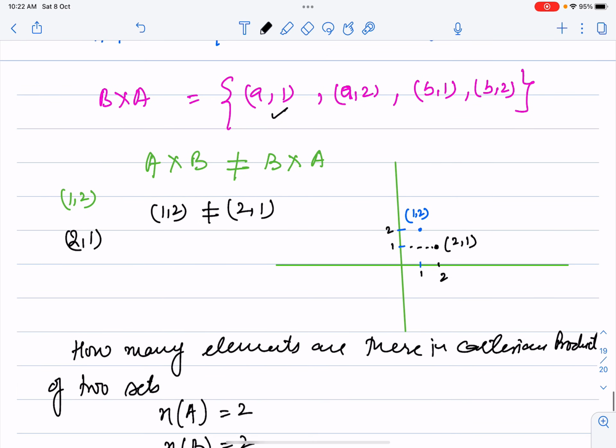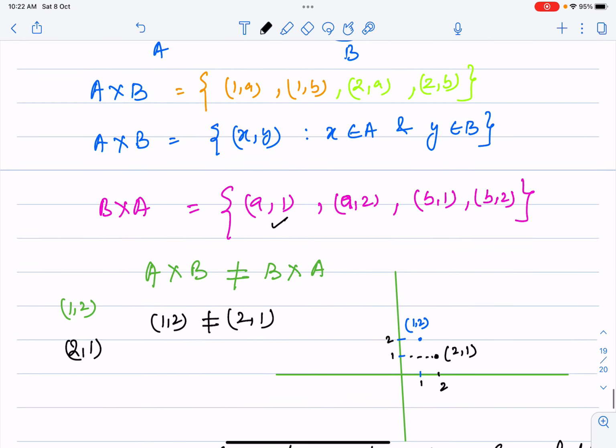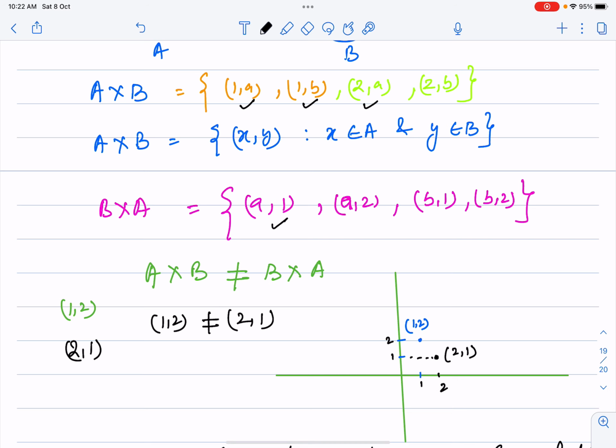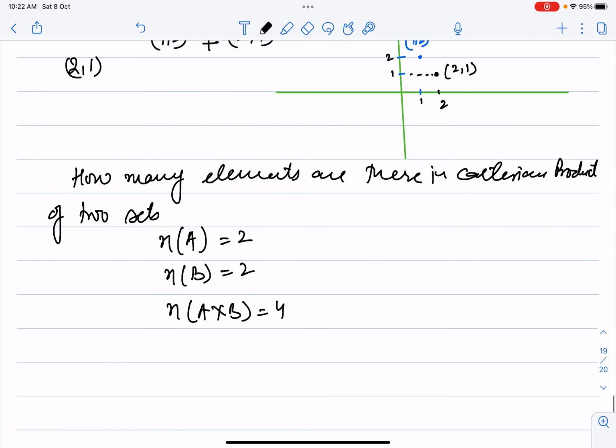Over here you can see 1, 2, 3, 4. So these are the 4 elements. How did we get it? We got it like this: number of elements in A into number of elements in B.